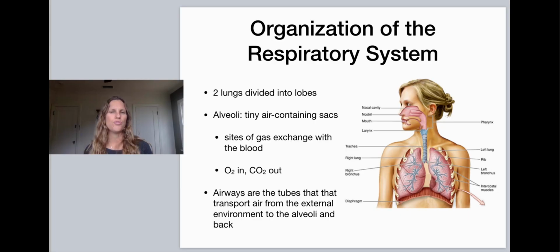All of those tubes are the airways: the pharynx, larynx, trachea, primary bronchi, secondary, tertiary, alveolar ducts. I think I left out the bronchioles between the tertiary bronchi and the alveolar ducts. Those are your airways, and their job is to move the air from the atmosphere down into the alveoli and then in the opposite direction.